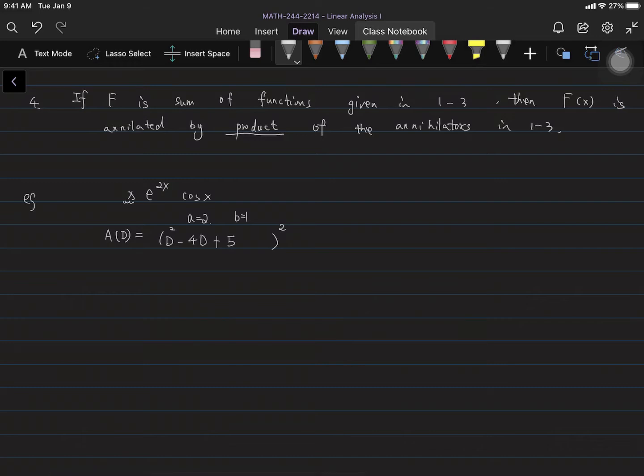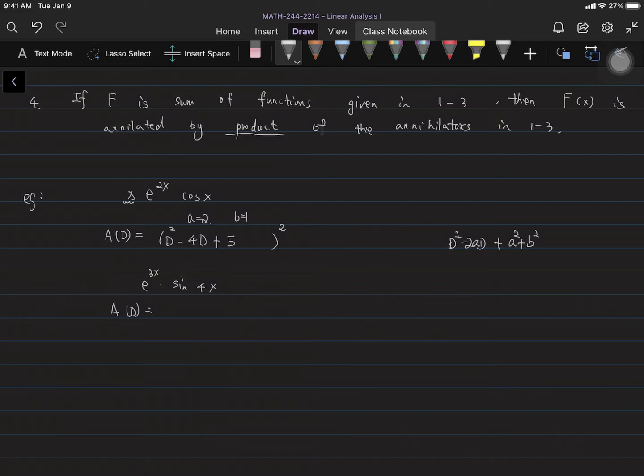Let's take a look at another one. If I just give you e to the 3x times sine 4x, what is AD? The formula is D squared minus 2aD plus a squared plus b squared.